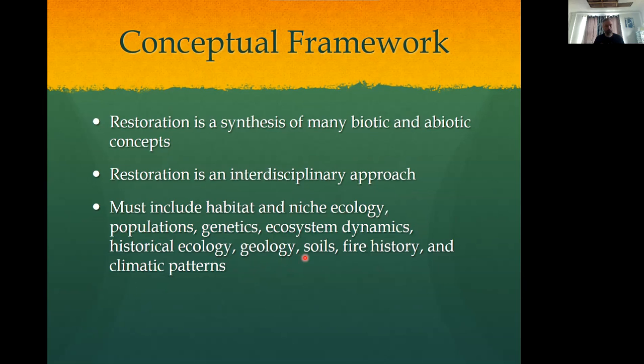What are the possibilities here, right? So geology and soils really give us an indication of what we can do. They set limits on what is possible in terms of changing things. Getting into dynamics a little bit, things like fire history, climatic patterns, all that kind of stuff is really going to feed into what you do.